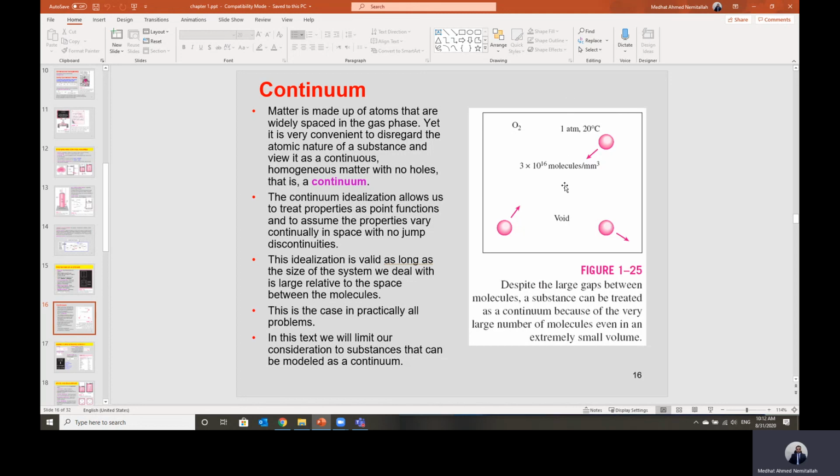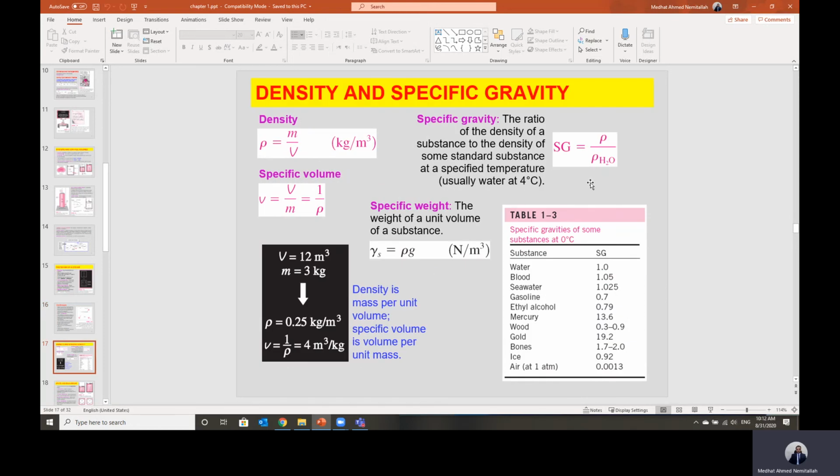Let's say I insert a thermocouple at the middle, and I measure the temperature, and this is the temperature value. But if we have a heat source at a given point, the temperature will be different. So we cannot study this system. So to study any system, it has to represent a continuum. It has to represent a continuous, homogeneous matter without any holes or singular point. And this is the meaning of a continuum.